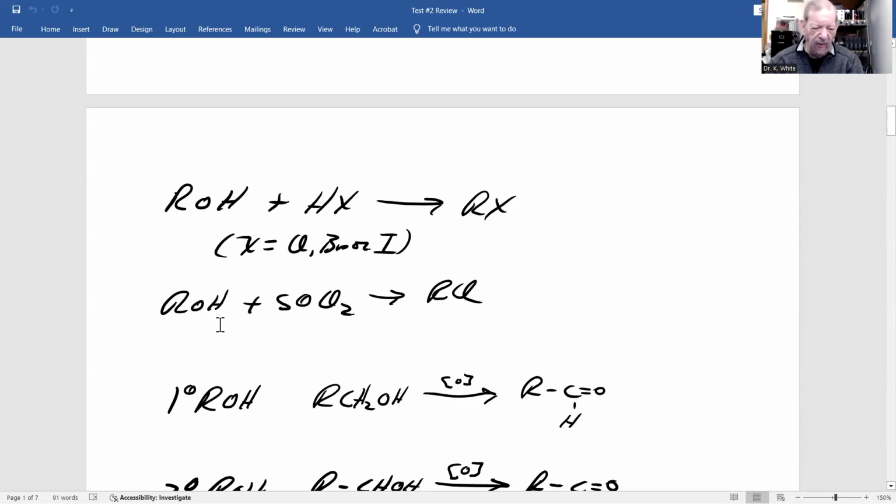So someone came up with, if you take an alcohol, react it with thionyl chloride, you will replace the hydroxyl group on the carbon with now just a chlorine. And I've done both of these reactions. And SOCl2 is interesting stuff to work with, to say the least.